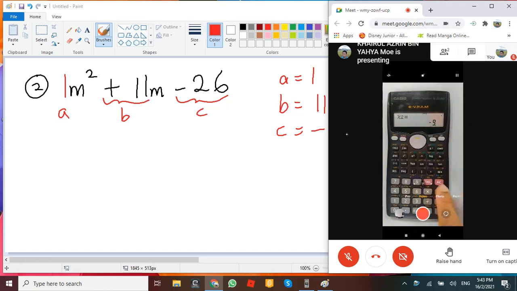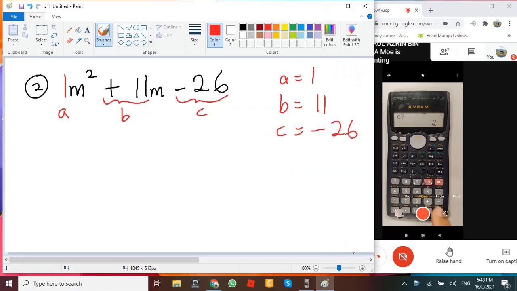Okay, again, we can continue here, or we can press mode 3 times again, EQN number 1, press right arrow button here, degree number 2. Okay, so the value of a is 1, equal, and then value of b is 11, equal, and then value of c is negative 26, equal.